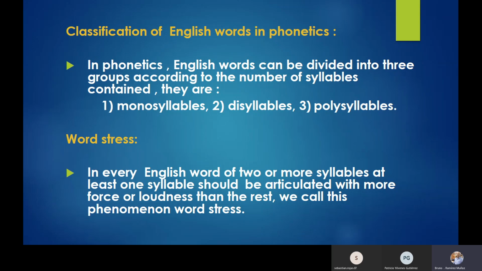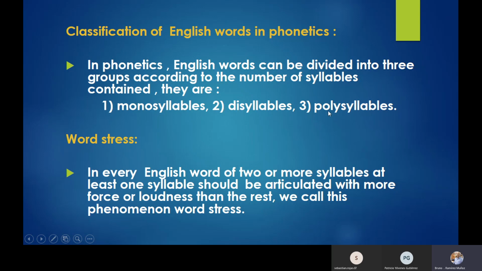So, English words that have 1 syllable, 2 syllables, or 3 or more syllables. Basically, that's what is to be understood from these very complex words: monosyllables, disyllables, and polysyllables.